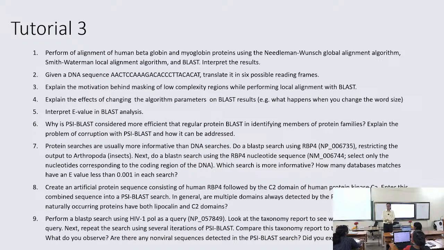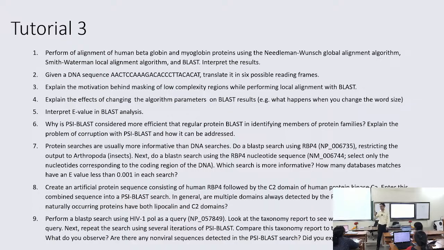What does 10 mean? The probability of matching the sequence by random chance is more compared to the actual one. But what does 10 mean? E-value 10.